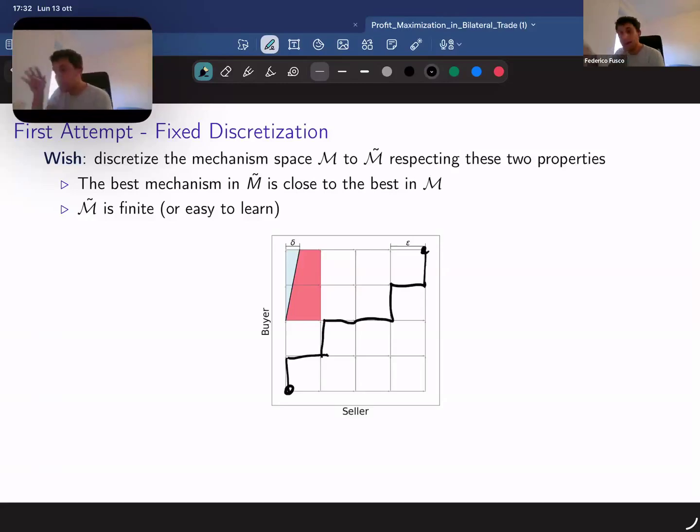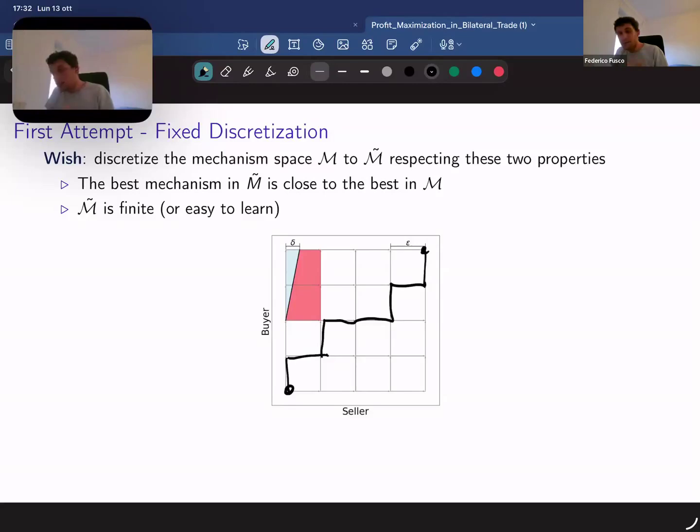If you give me any fixed discretization, so let's say any grid in the valuation space, and you only consider mechanisms that live in this grid, then I can always find a distribution that breaks this discretization.